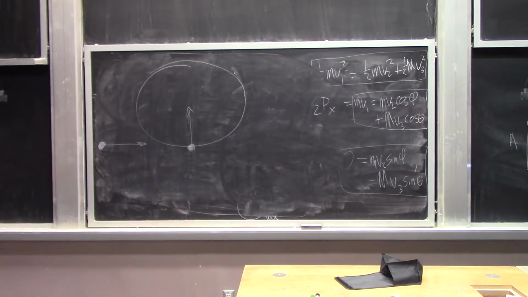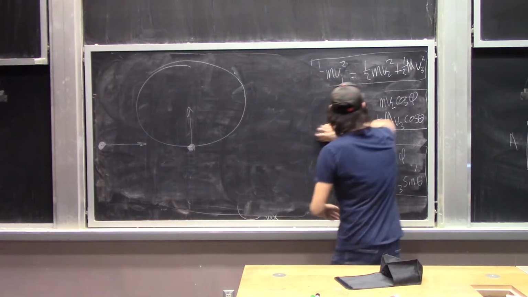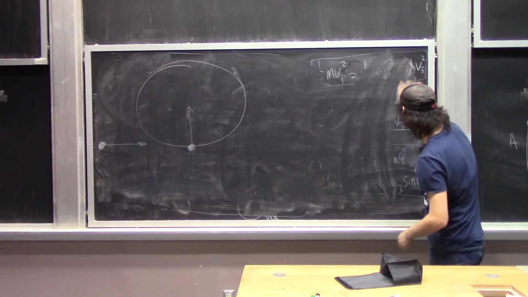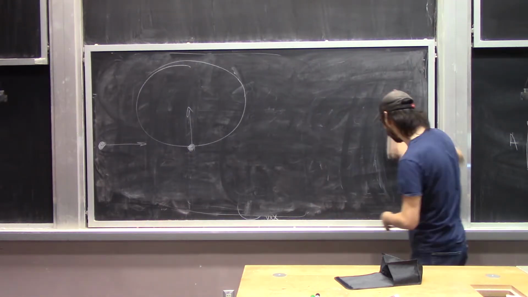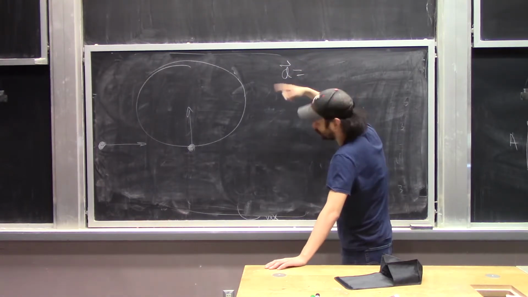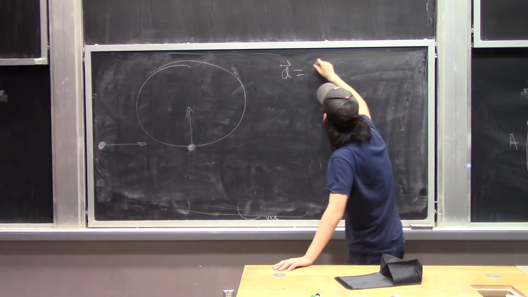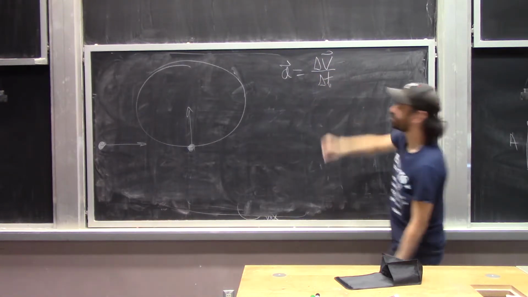Now, there are a couple of different ways that we can think about this. One of the more instructive ways is to think about the way that we define the acceleration. Acceleration is a vector, and in some approximation anyway, it is defined to be the change in velocity divided by the change in time.